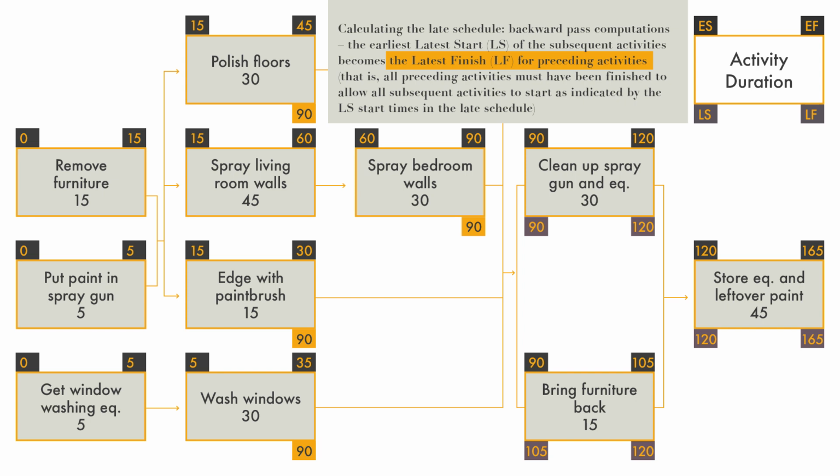So we subtract from the last activity's 165 the duration 45, and we get the latest start of the last activity, which is 120, and so on. When we have several successors and we move towards their predecessors, we select the smallest figure from the succeeding activities' latest starts.